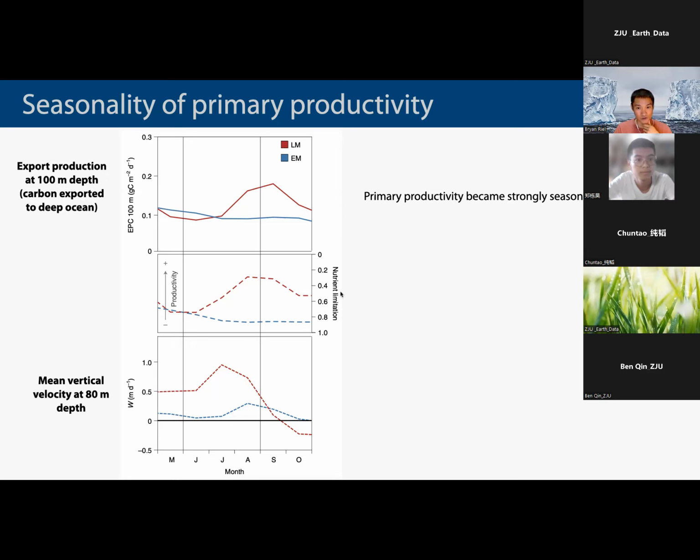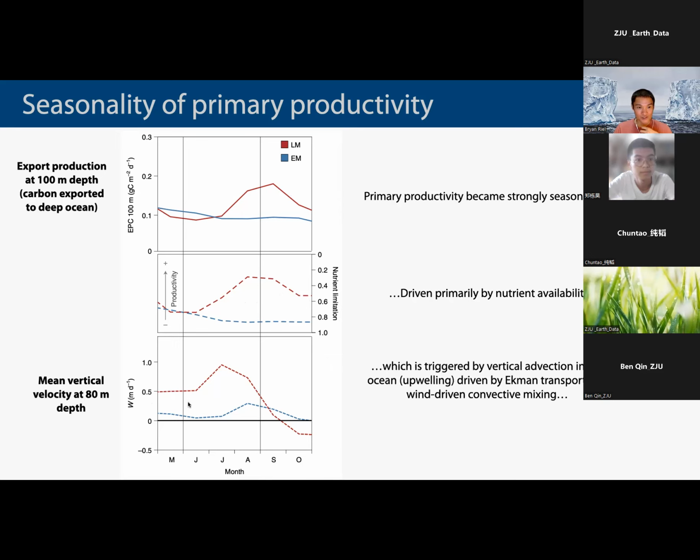And if you look at the nutrition limitation, you can see that you basically just have more nutrition during those months where production peaks. The reason you have a lot of nutrition is because the mean vertical velocity at 80 meters depth peaks in the few months before August and September, so it peaks around June, July.